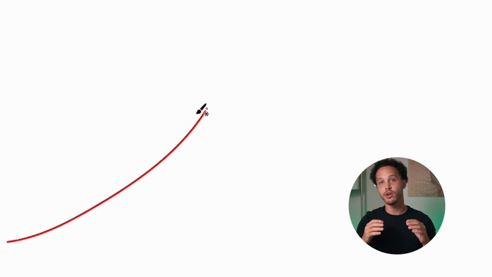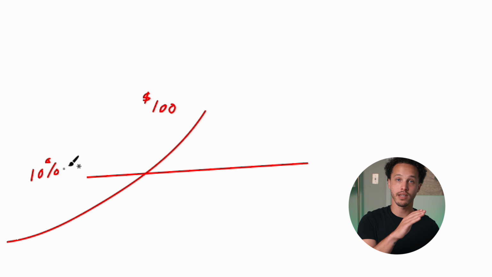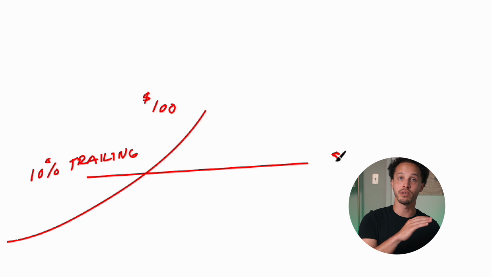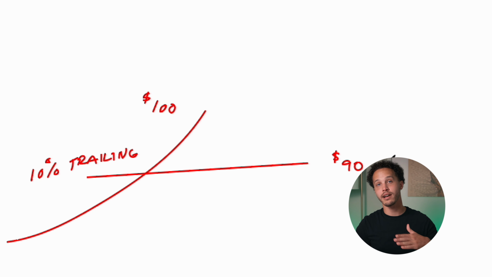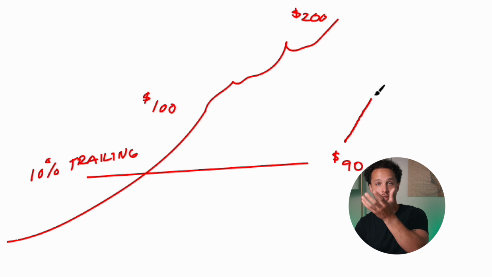Let's say, for example, you own that same stock that's $100, and in this case, you're going to set a 10% trailing stop order. So in this case, 10% of 100 is $10. Your trailing stop order is going to be $10 below that $100 because that's 10%, right? As that stock continues to go up, let's say in this case it does really well, it goes all the way up to $200, your trailing stop order is going to continue to be 10% below the stock's value.